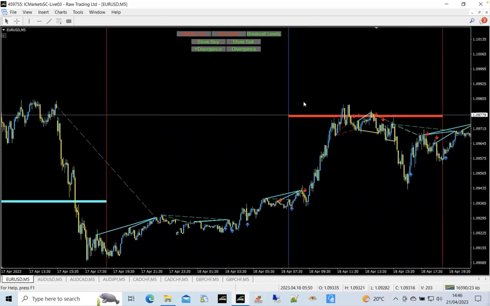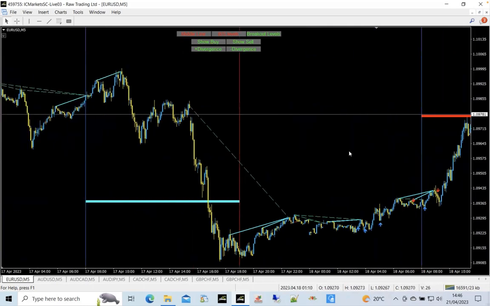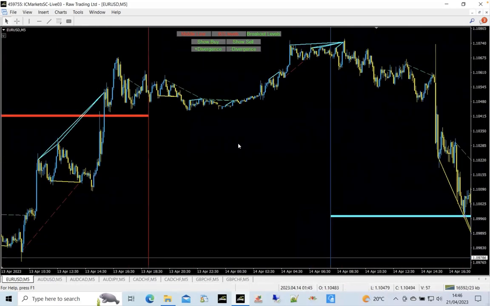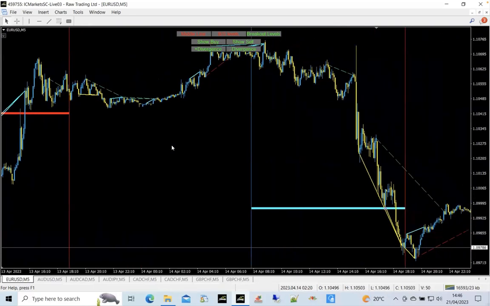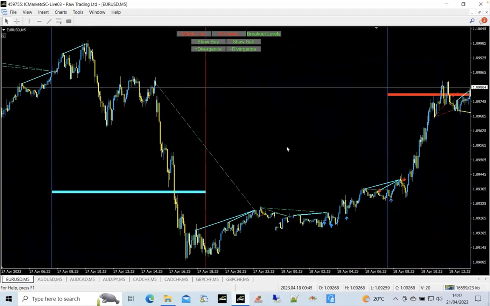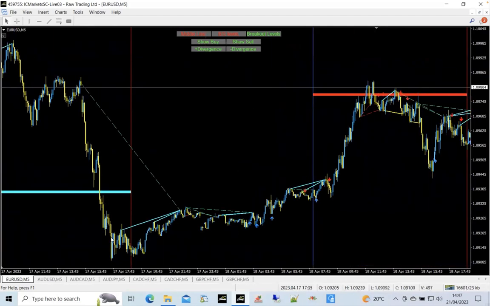So you can always be looking for failed breakouts to trade the market, and usually they will give you quite good entries. And to define a breakout, I usually don't like a breakout that goes very far from the level, because it can mean that the market is still weak, like in this case, and it's not the best breakout.